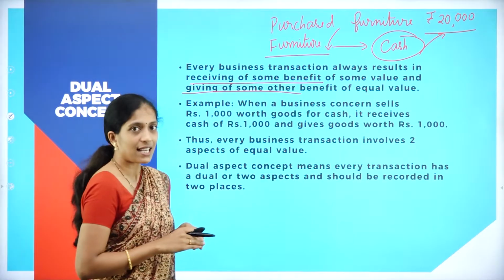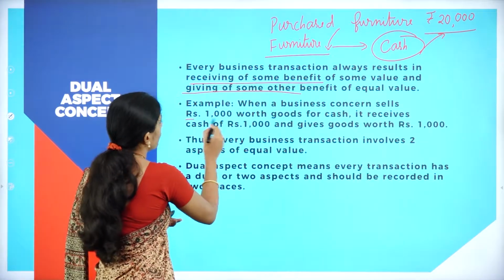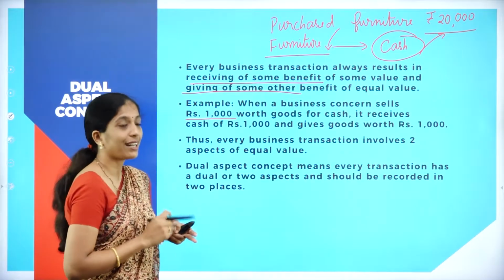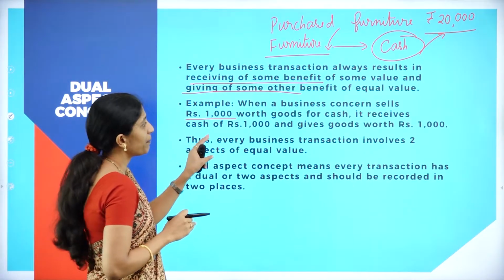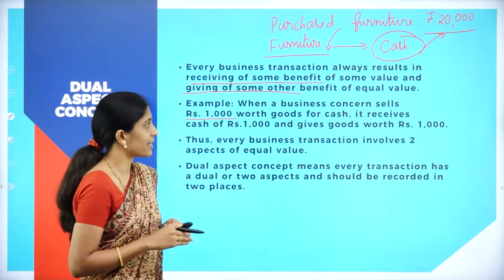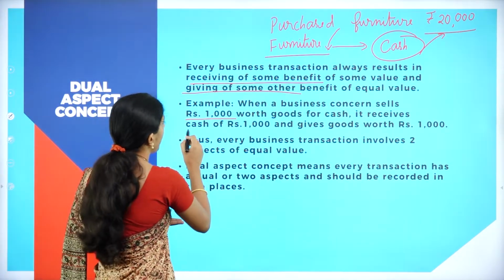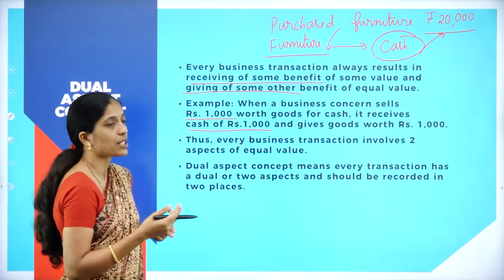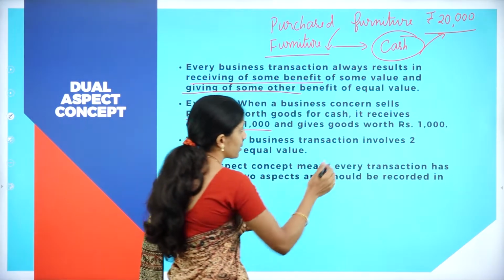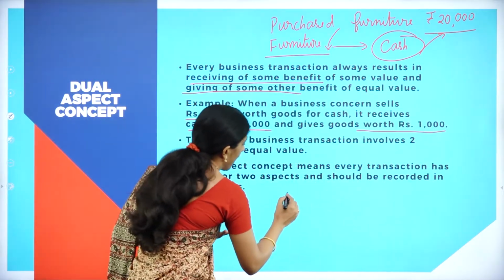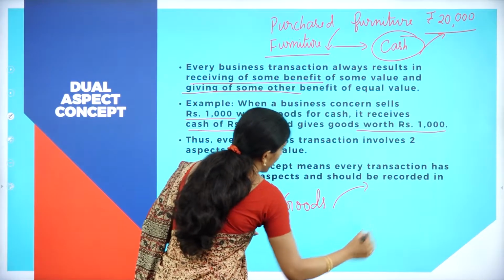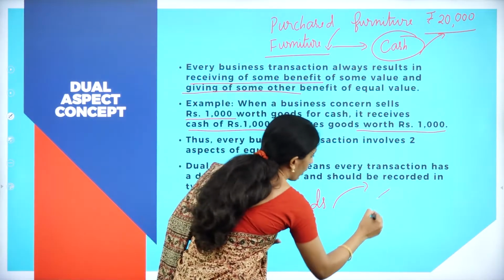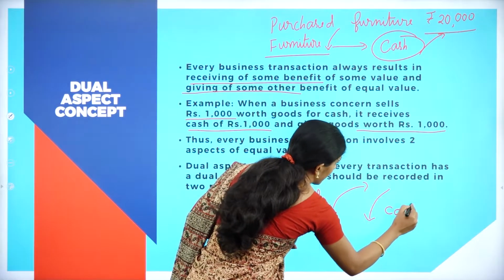Example, when a business concern sells rupees 1,000 worth goods. Here they have given the example of sales. Now, the business has sold goods worth rupees 10,000. It receives cash of rupees 1,000 and gives goods worth rupees 1,000. Here, they have sold goods. So, goods go out of the business, where in return what comes into the business? That is cash.